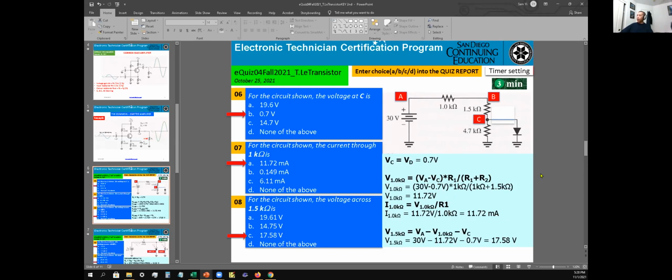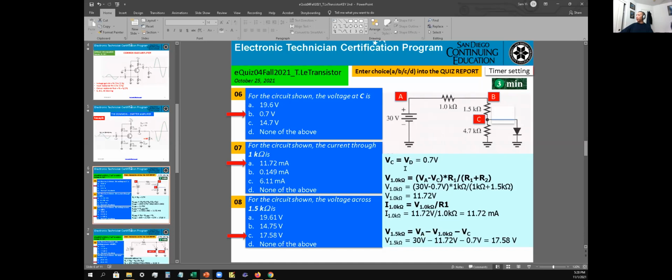Now for number 8, for the circuit shown, the voltage across the 1.5 kilo ohm is, okay, so the answer would be C, 17.58 volts. The 1.5 kilo ohm would be right here.